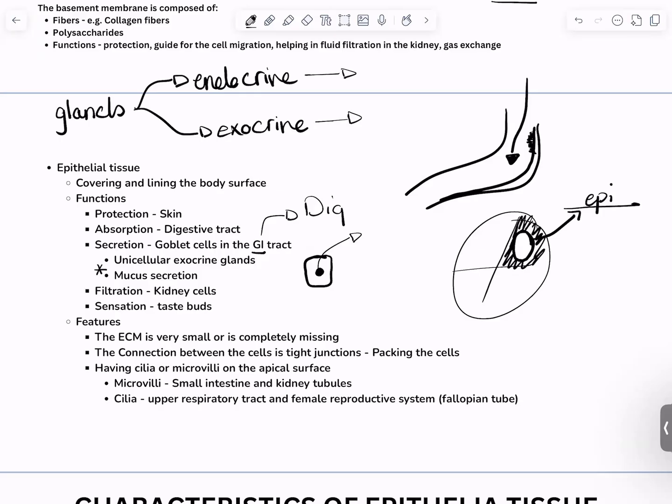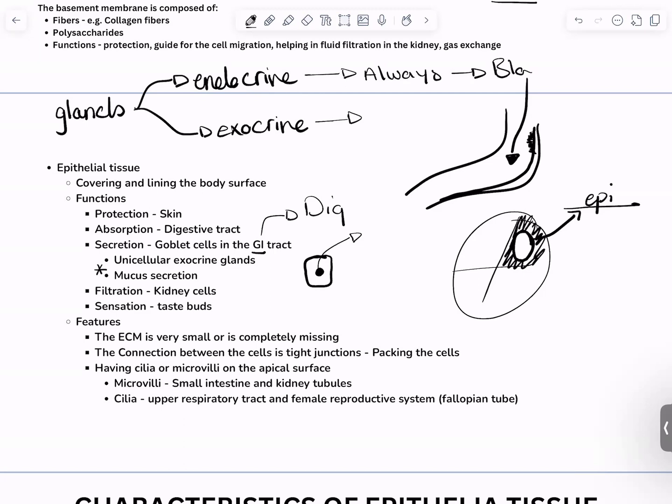If they give you a definition of a gland and ask you to determine the type of the gland, remember: endocrine glands always release hormones or chemical substances into the bloodstream.